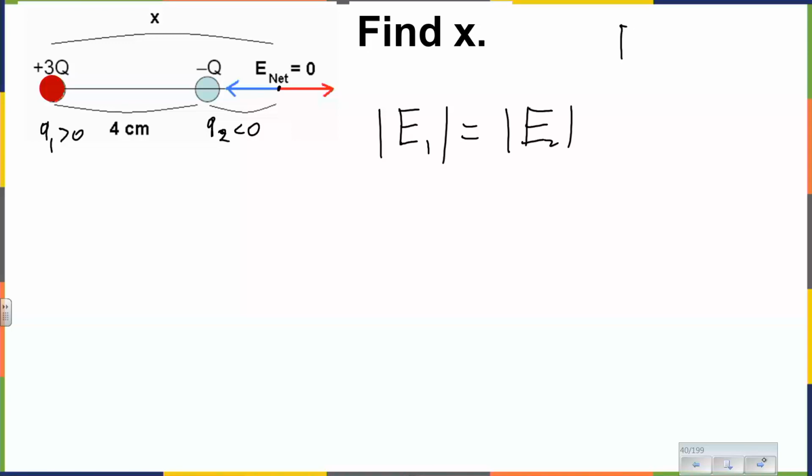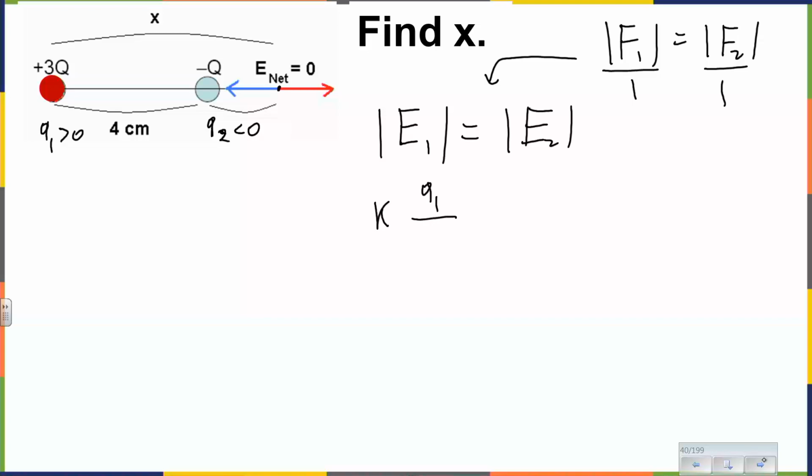You could have said that electric force acting on a test charge placed at this location should be equal to 0 net electric force. But force divided by 1 coulomb gives you field. Same thing, nothing different. What equation should we write? K Q1 over, well, Q1 is positive, so distance x squared.